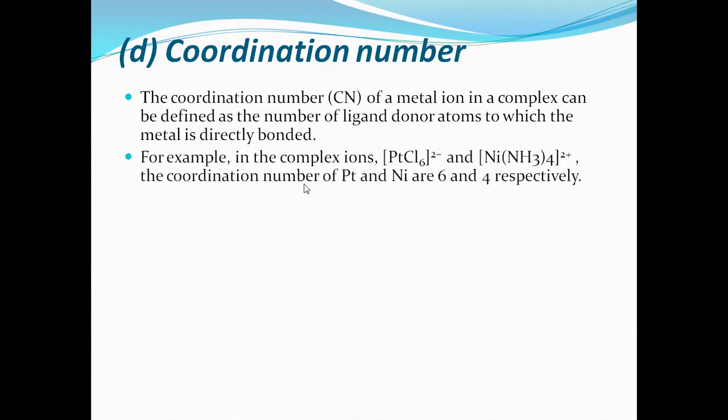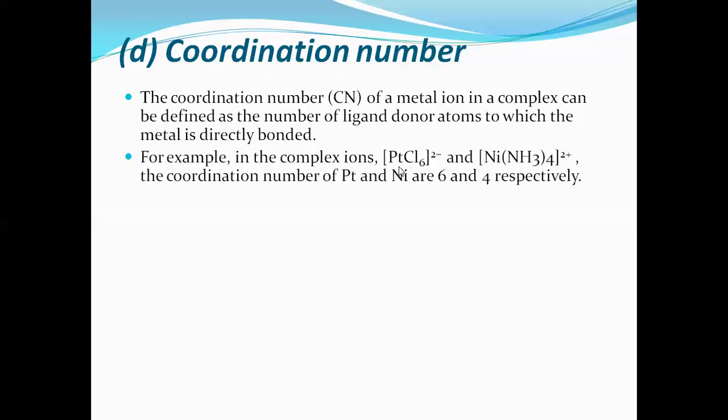For example, in the complex ions hexachloroplatinate and tetraamminenickel, the coordination numbers of platinum and nickel are 6 and 4 respectively.